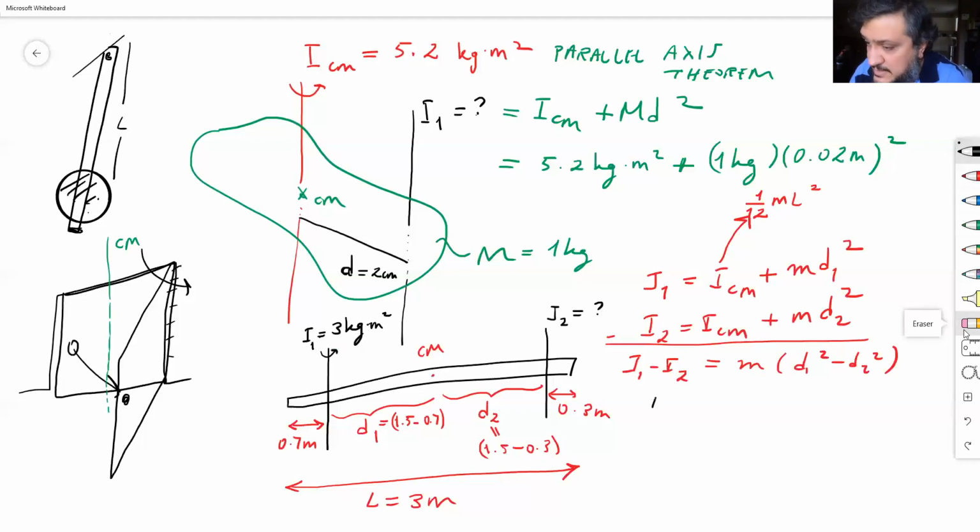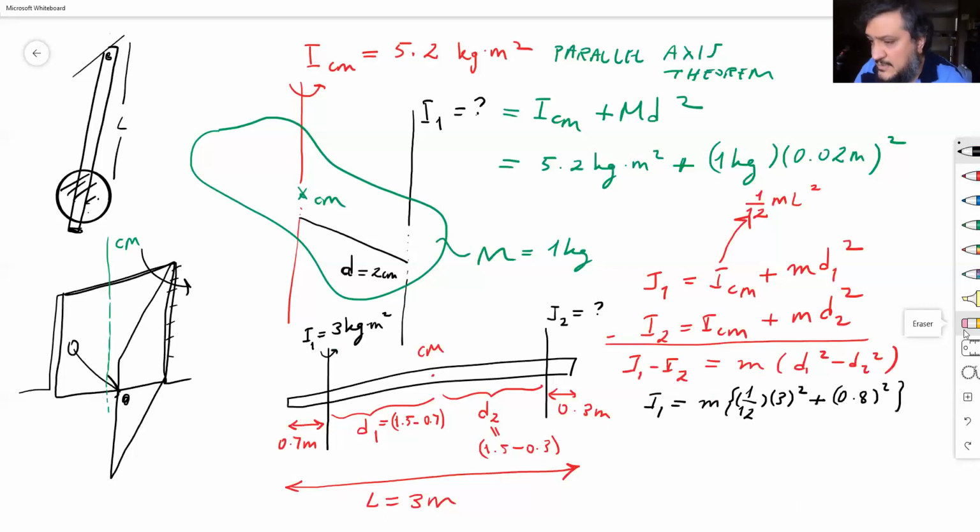So I1 will be equal to ICM, which is m times 1 over 12 times L squared, 3 squared, plus m times, m is factored out, D1 squared, and D1 was what, 0.8? 0.8 squared.